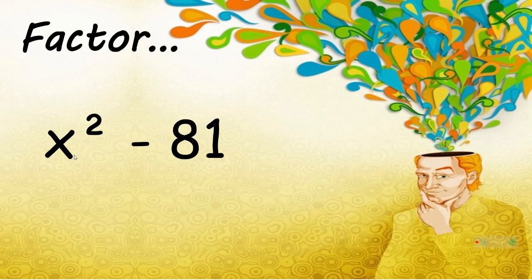Because as you have noticed, we have here a binomial, and the first term and the second term are perfect squares. Therefore, you are going to factor this out. You are going to have two binomials, one positive and one negative. So, I will give you 5 seconds to have the factors of this.